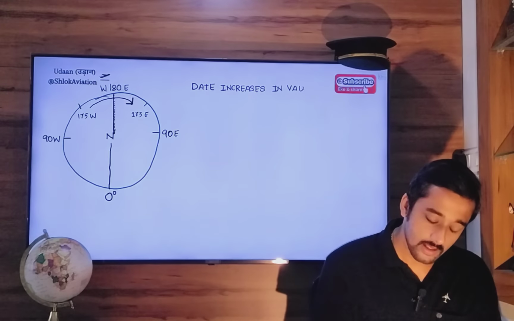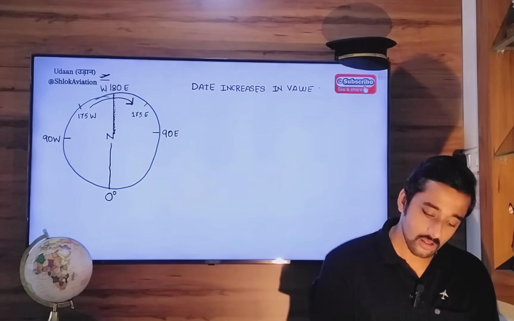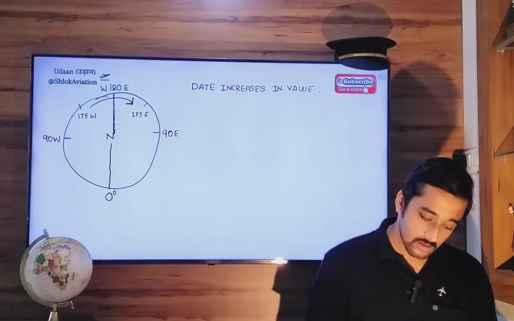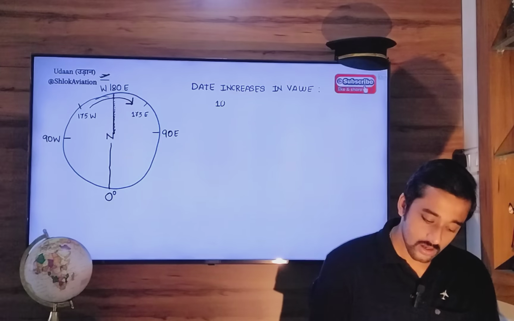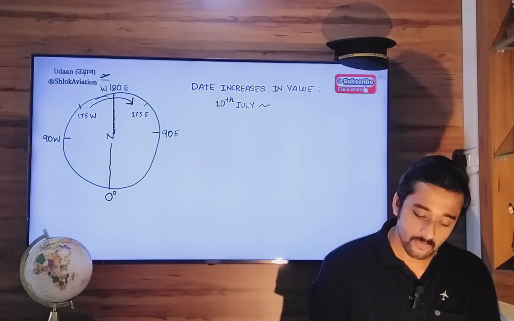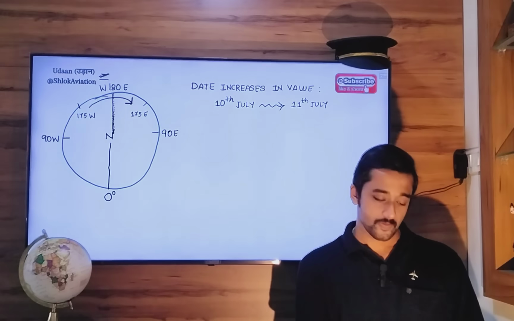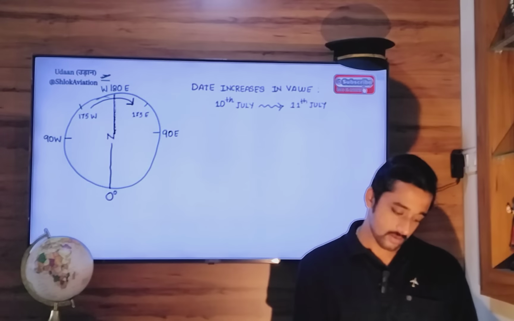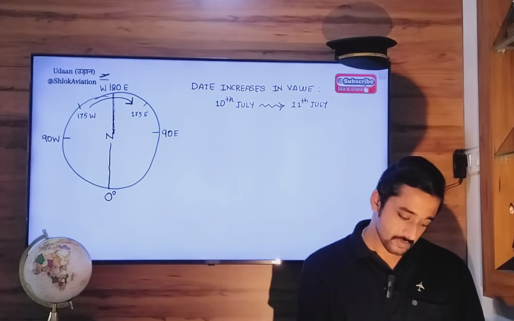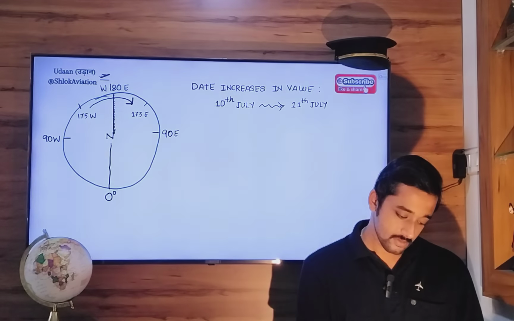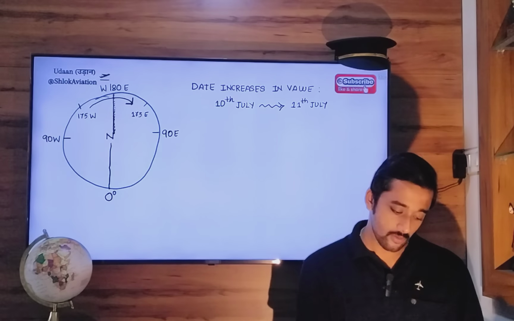For example, 10th July will become 11th July when you enter the eastern hemisphere.